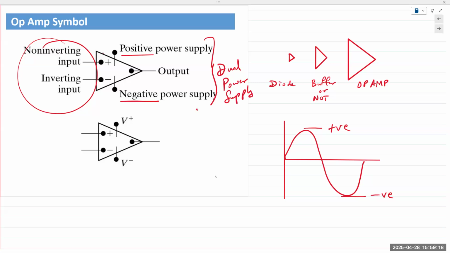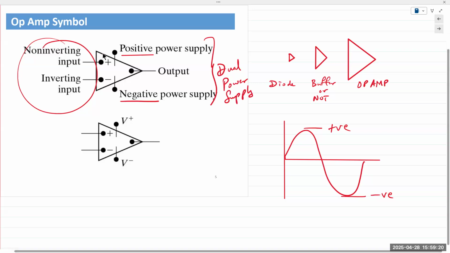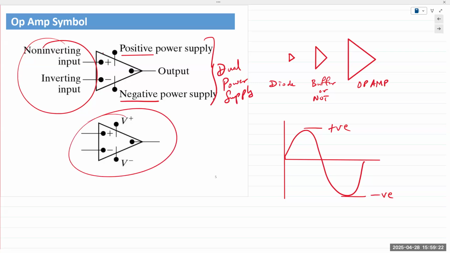And basically the configuration looks like this in any circuit. In many circuits, you may see that V plus and V minus are not shown. It is implied that they are present. So sometimes they are implied, may not always be shown.